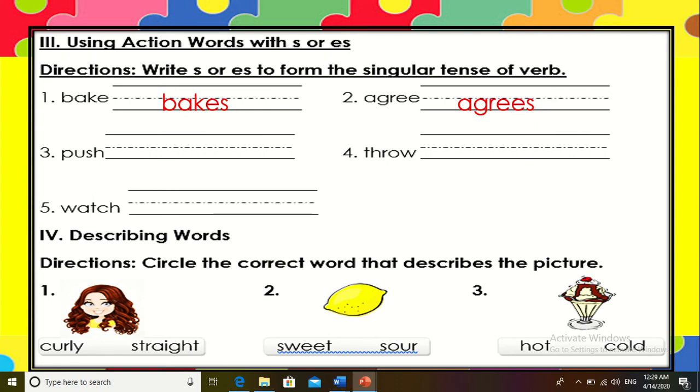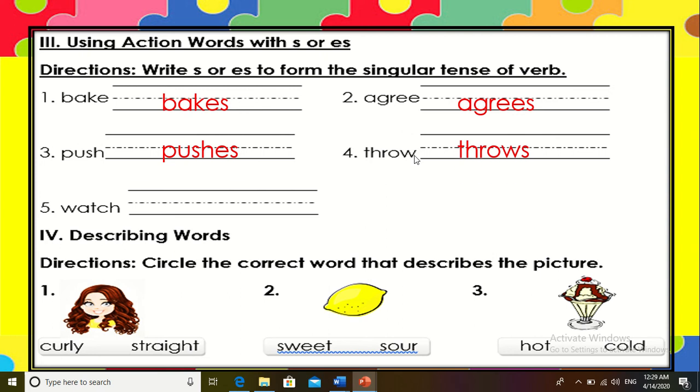Okay, number 3, push. You add ES because it ends in SH. So push will become pushes. Number 4, throw.